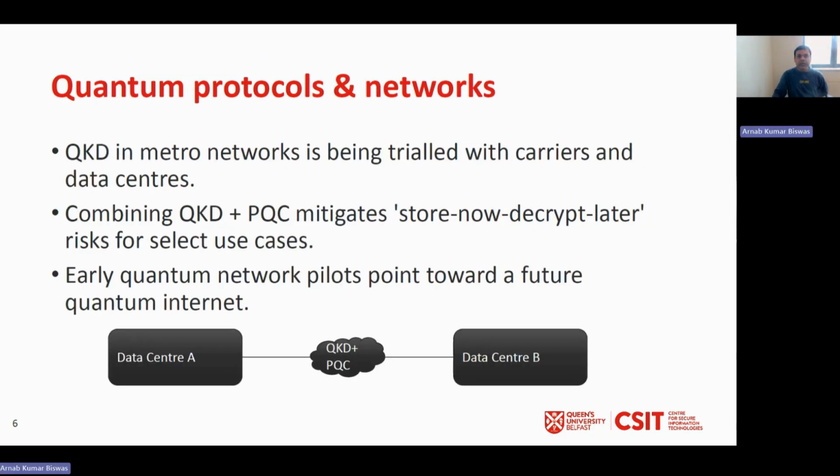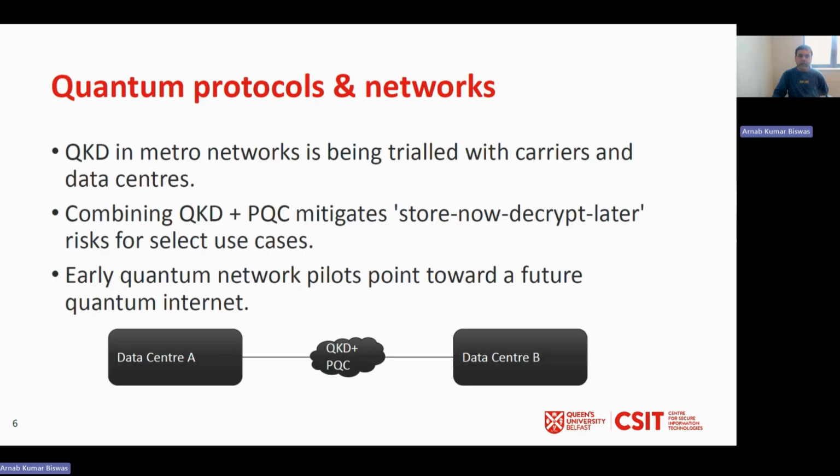In terms of quantum protocols and networks, QKD, quantum key distribution, is one well-known protocol where we basically transfer the keys. It uses quantum states, but the observation is always made in classical bits.